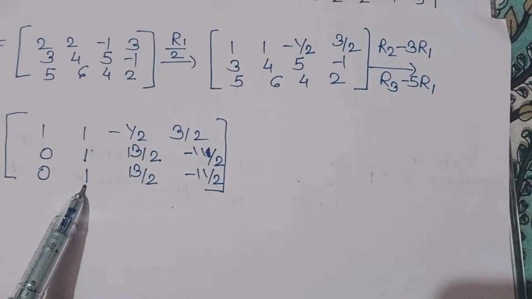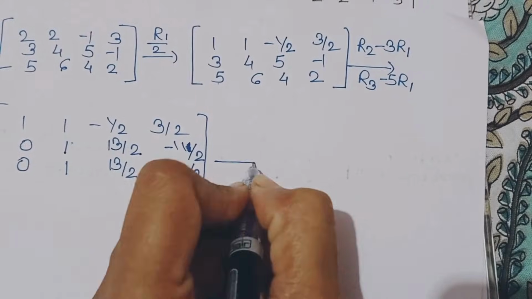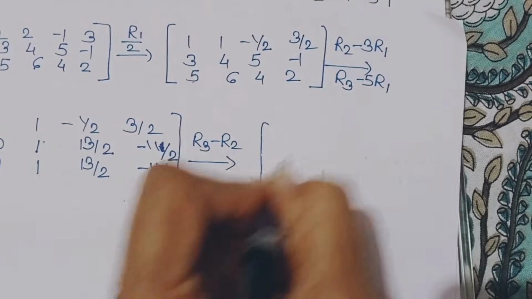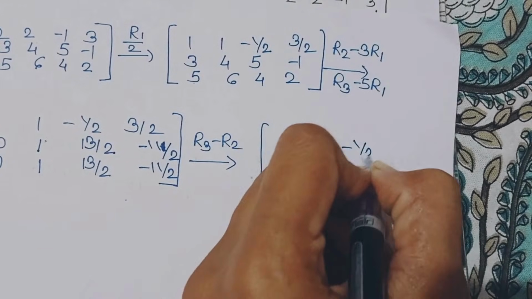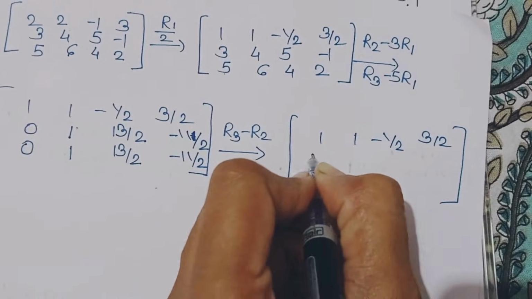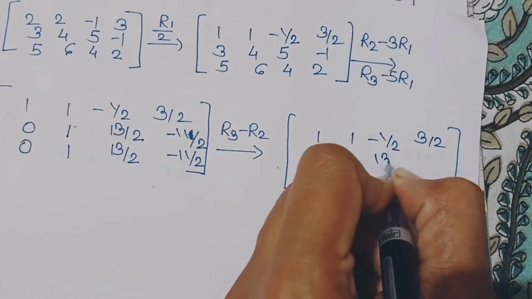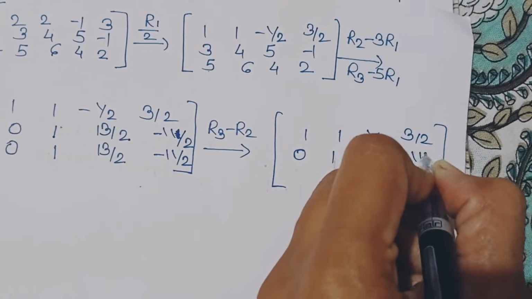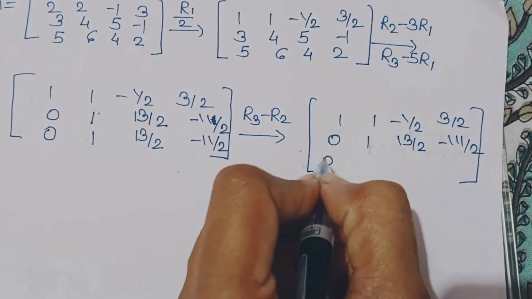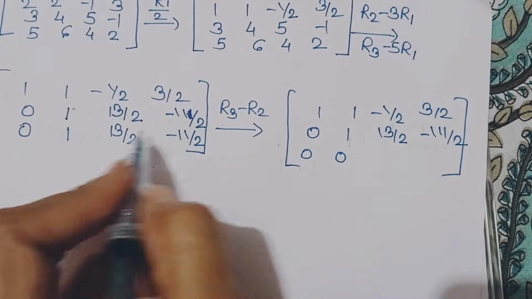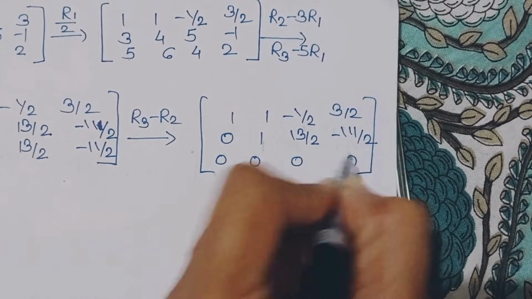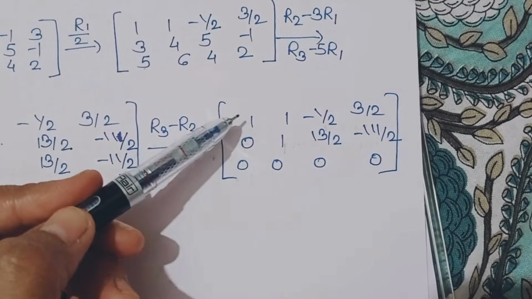So by using the row operation R3 minus R2, we get 0 minus 0, 0, 1 minus 1, 0. Again 0 here and 0 here. So 0, 0. So this is the row echelon form.